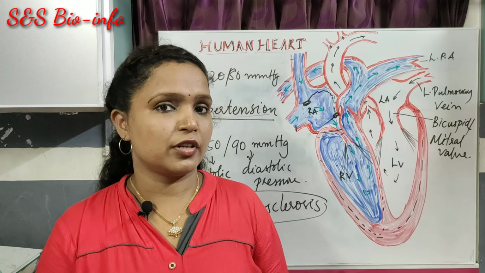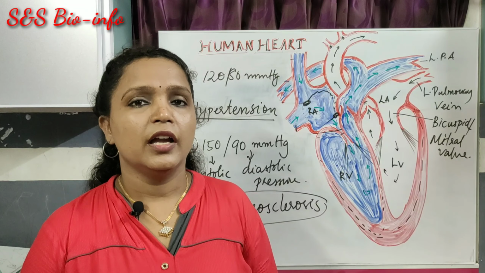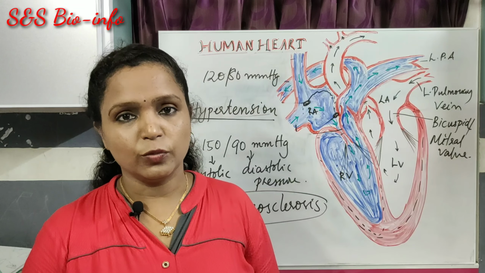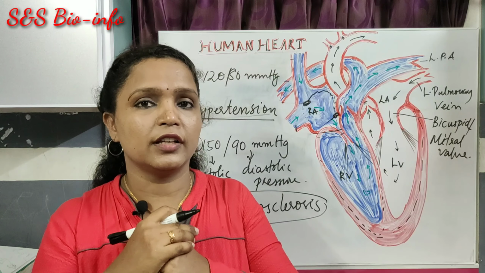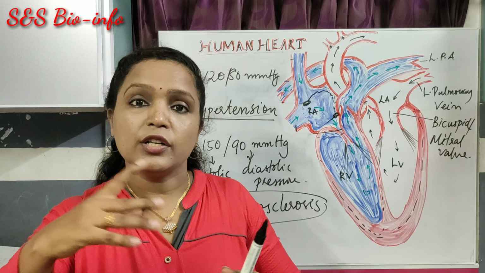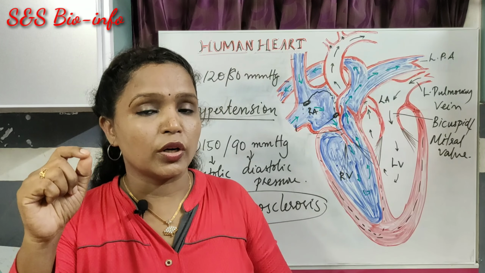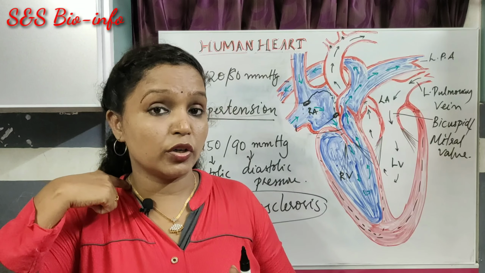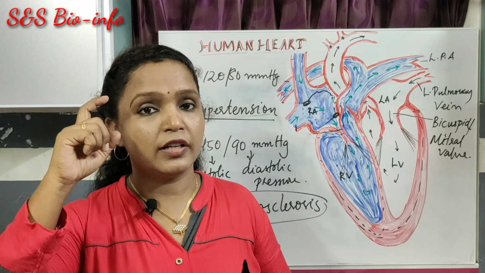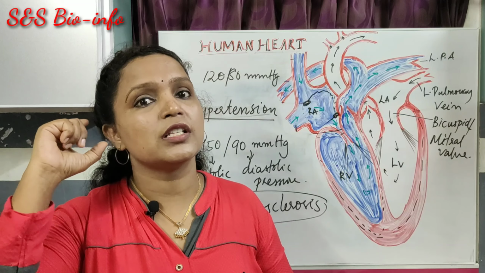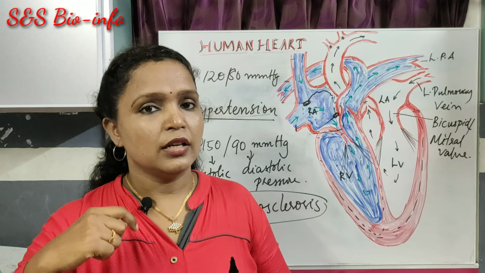Hypertension or high blood pressure is also known as the silent killer. It may rupture the walls of the blood vessel. That means it leads to hemorrhage, the bleeding of the blood vessels. It leads to a disease called a stroke. If the carotid artery, the main artery which pumps blood to the brain, is ruptured, it leads to a stroke in the brain.